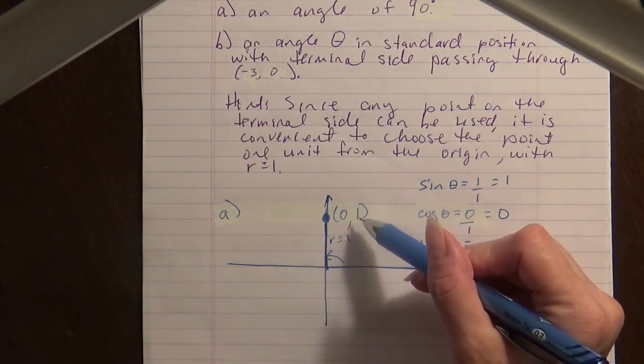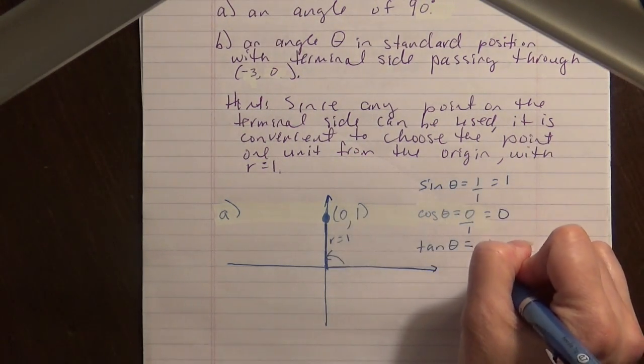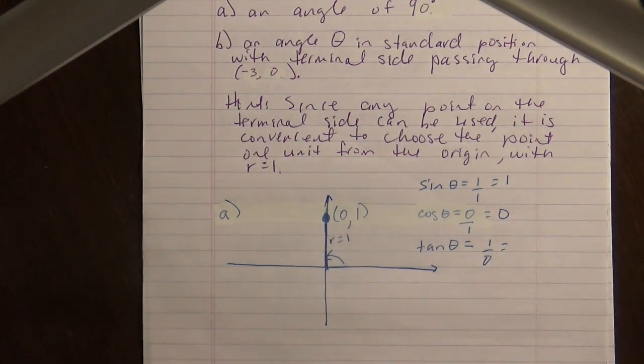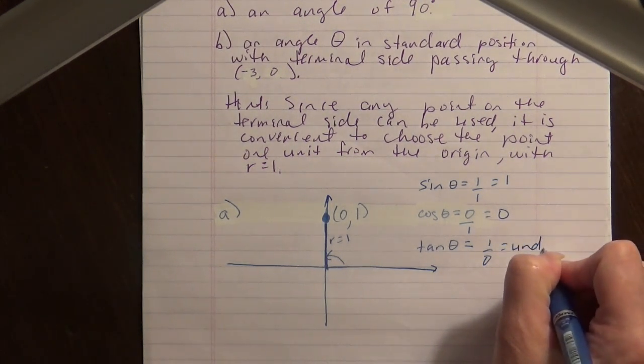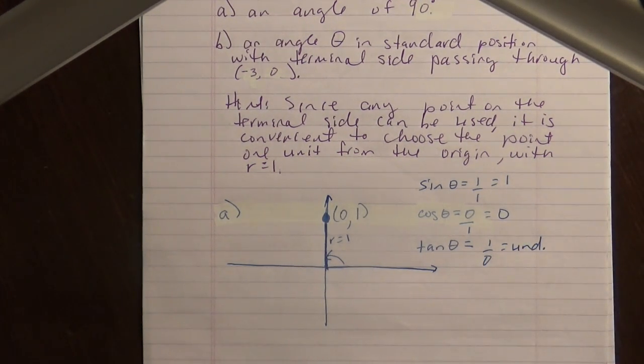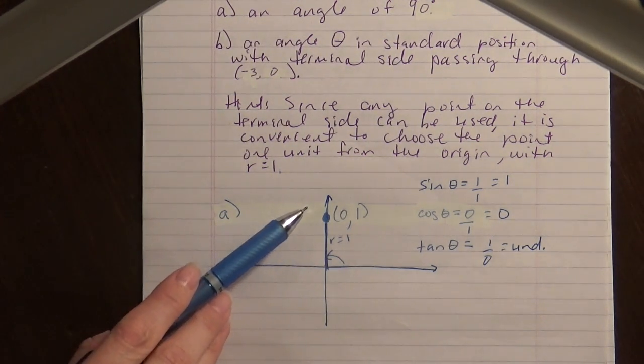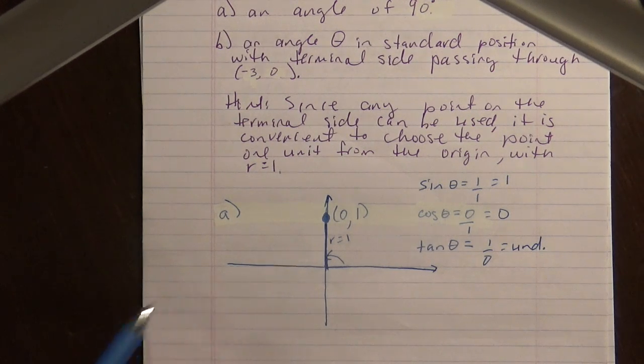Well, y over x is going to be 1 over 0. Now, what is 1 over 0? Hopefully by this point you remember that 0 in the denominator is undefined. So this one's undefined. And remember what we said a moment ago: the tangent and the slope are going to be the same. What do you know about the slope of a vertical line? We know that the slope of a vertical line is also undefined.